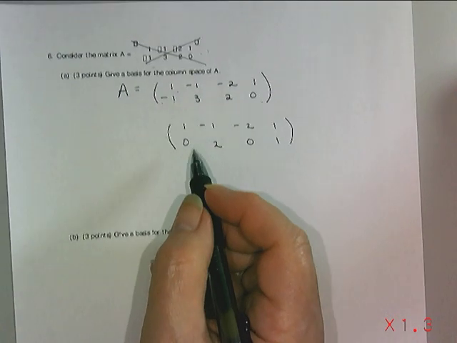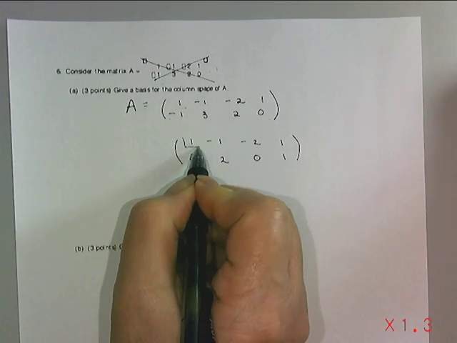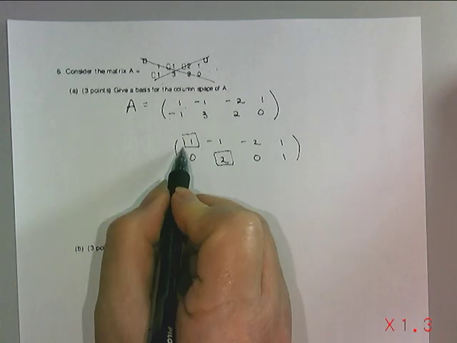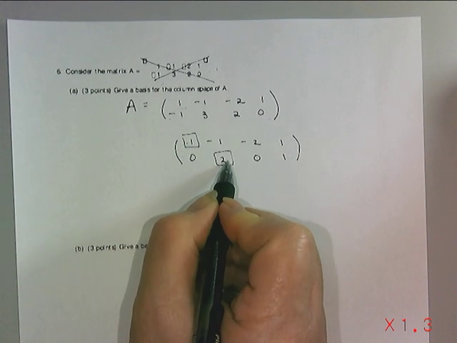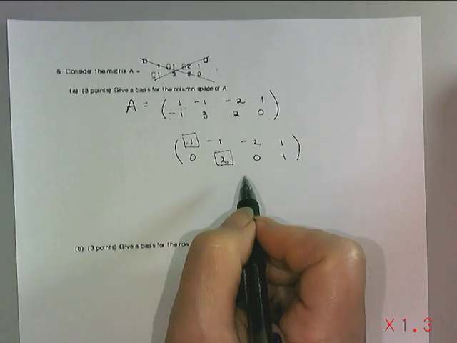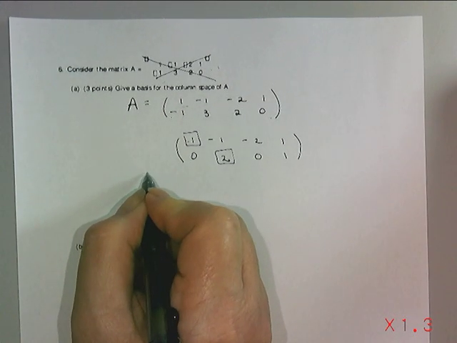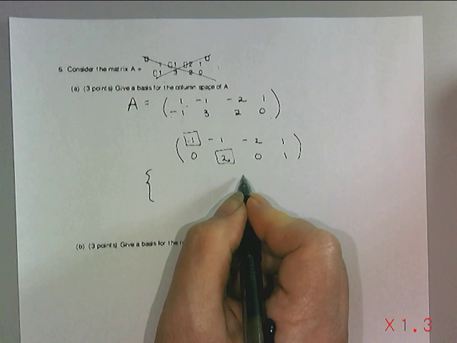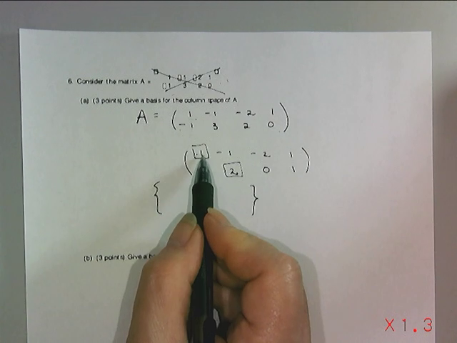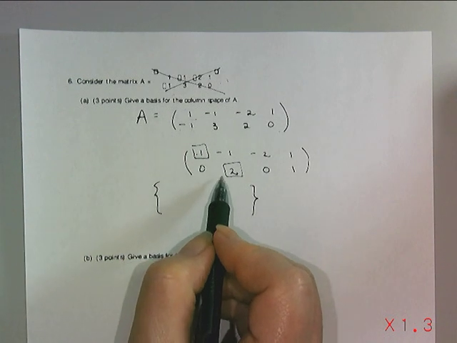Now I wanted to find the column space of A. After I put A in row echelon form, what I do is I identify the pivots. And in this case, the pivots are 1 and 2. They're in the first row and second row of the row echelon form. And that means that in order to find or write out the column space for A, I go back to the original matrix A and pick out the columns of A that match the pivots.